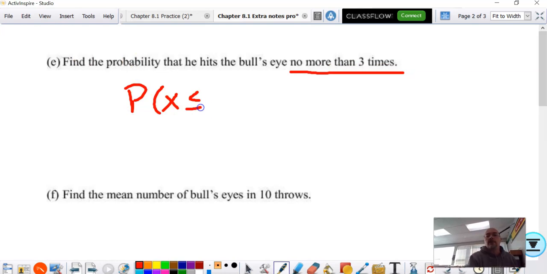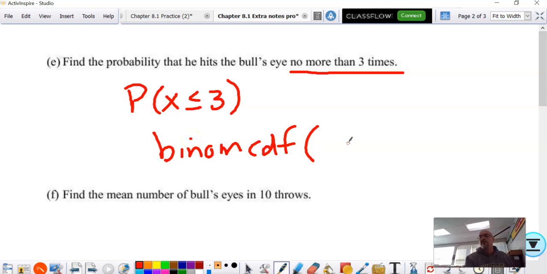So that means 3 or less, so that would be a binomial CDF. I guess I skipped a whole bunch here, didn't I, from the other page. Binomial CDF. They threw the dart 10 times. The probability is 0.8 or 0.80, and no more than 3 would be 3, 2, 1, 0.